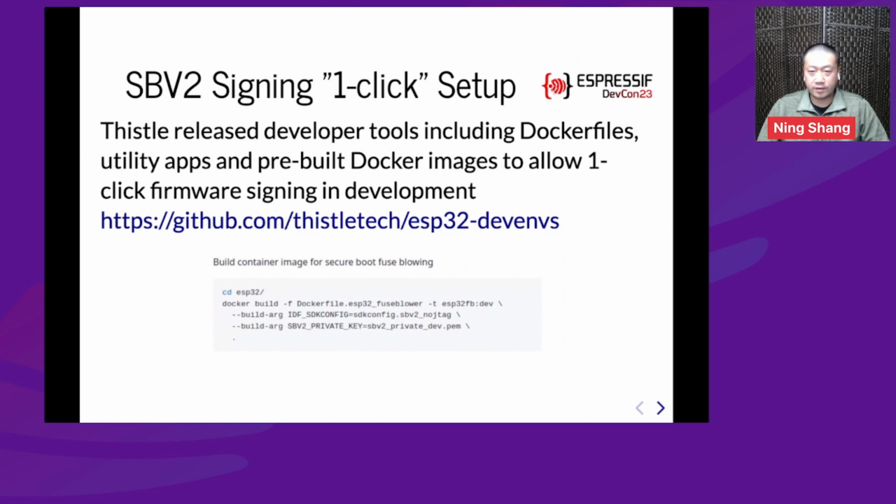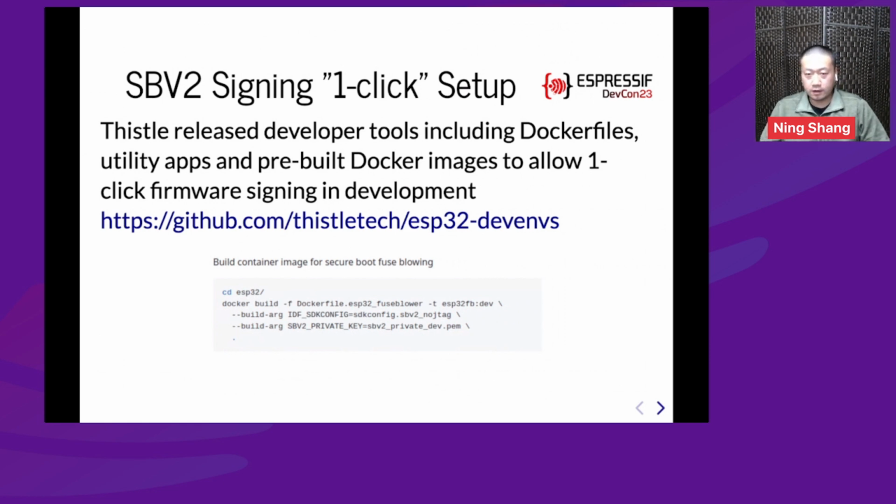And this process can be further automated into a one-click setup. My company Thistle has released developer tools, including a bunch of Docker files, pre-built Docker images, and utility apps, including the Void app, to allow one-click firmware signing in development.